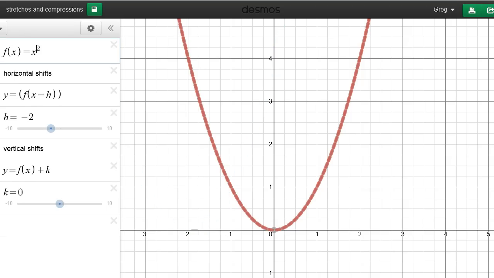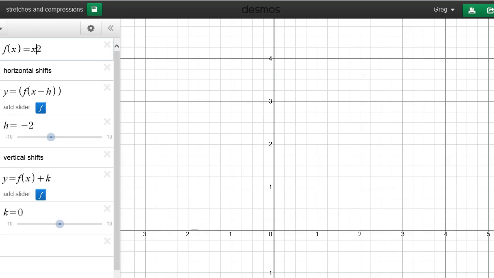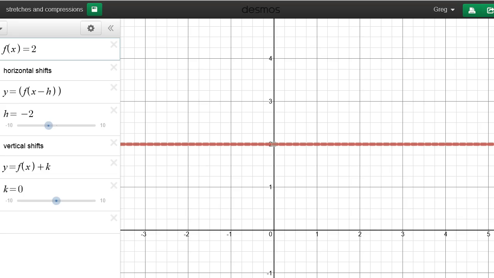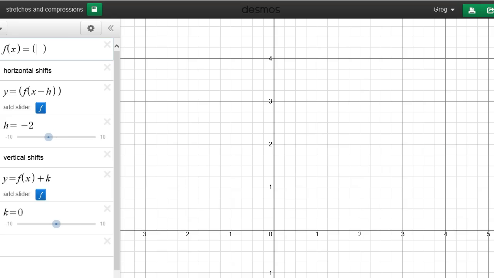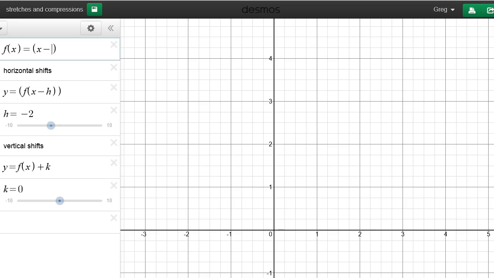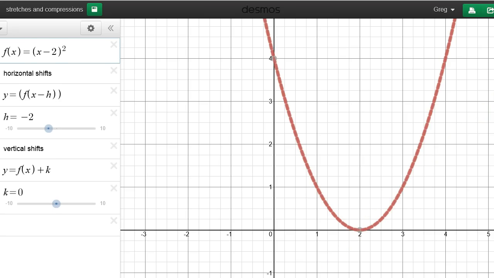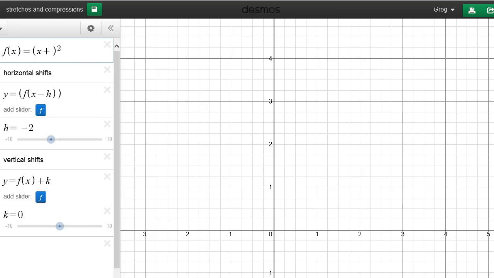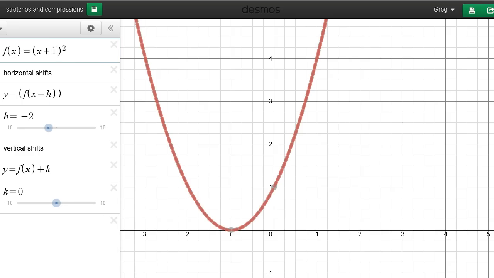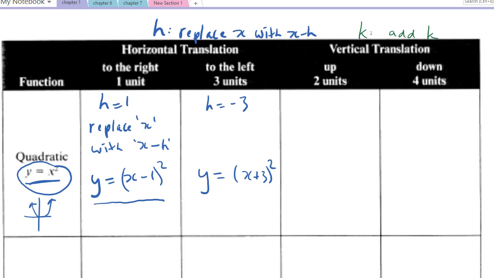So if I go inside of here and say, okay, backspace, I'm going to say x minus 2, and then all squared. And you'll see how that shifted it over to the right. If I change this minus 2 to a plus 1, you can see how it shifted it over to the left.